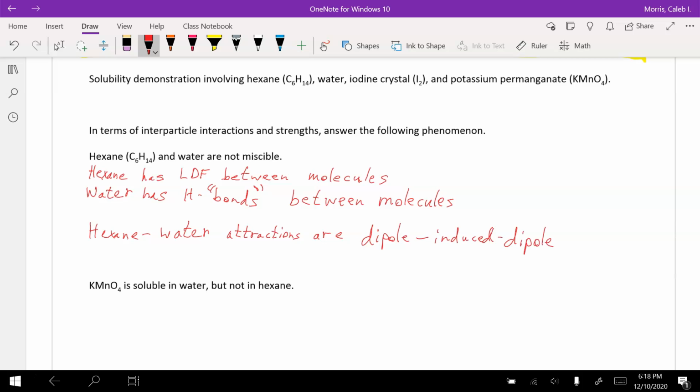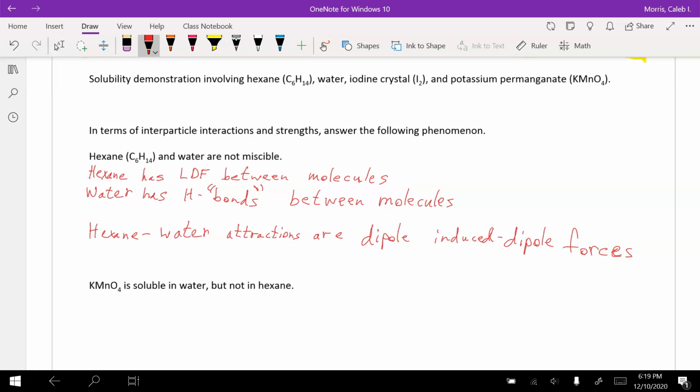Dipole, induced dipole. I think the hyphen's actually on the second word. Dipole, induced dipole forces. You see that these intermolecular forces are actually much weaker than the attraction between hexane molecules and the attraction between water molecules. So because of that, this is immiscible. They're not going to mix together.